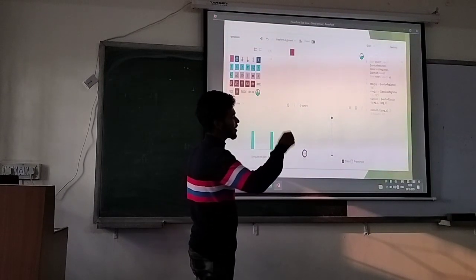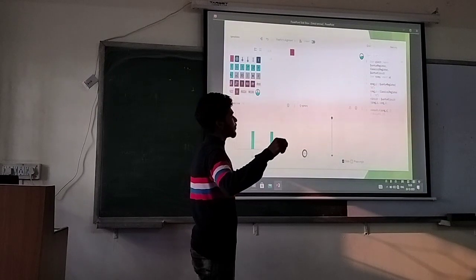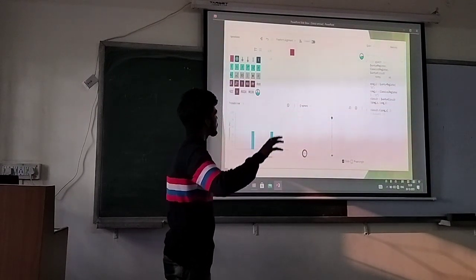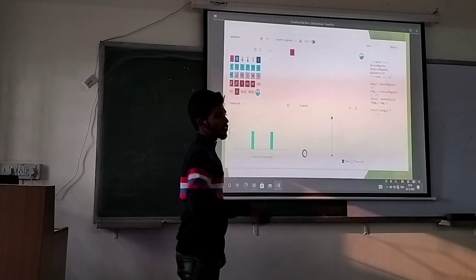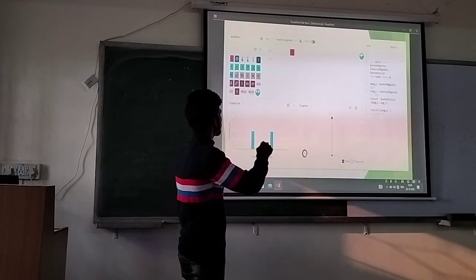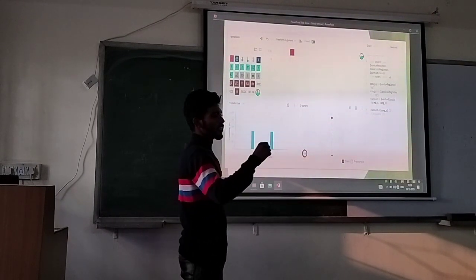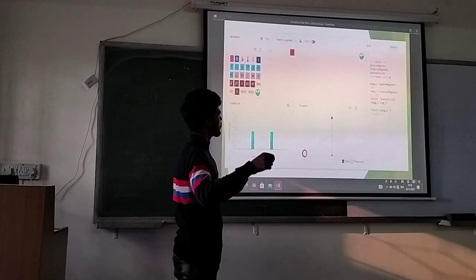There are a large number of qubits; there may be Q1, Q2, similarly many. Just right click on Q0, then you can delete or add more, and all the Q0s are in the zero state, or you can change it into the one state.